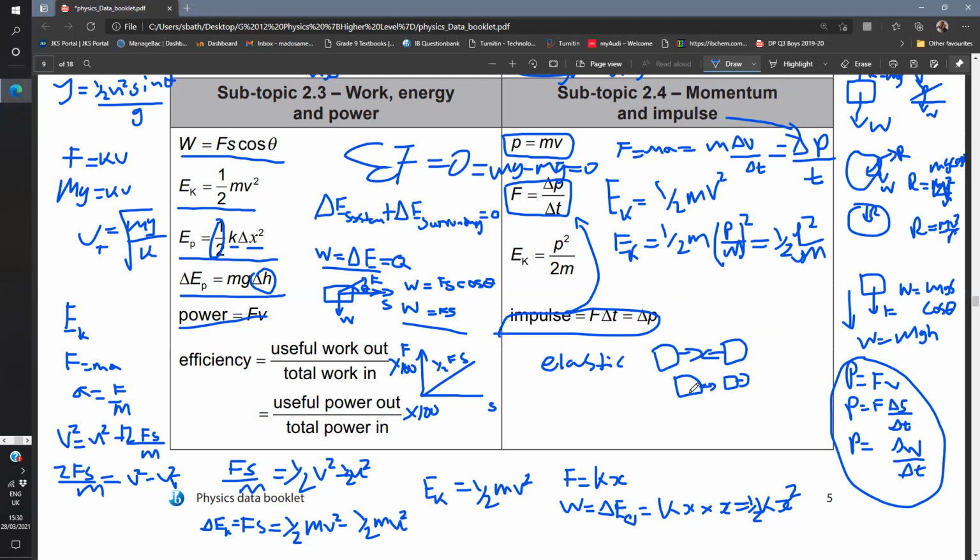Wait, sorry. They collide and then each one goes their own way. This is elastic. The other one is called inelastic. I'm sorry. So basically, for this one, this is number one. This is number two. So for the first one, you want to find the mass and the velocity. So basically, add the momentum before. This is before. Plus the one for the other object.